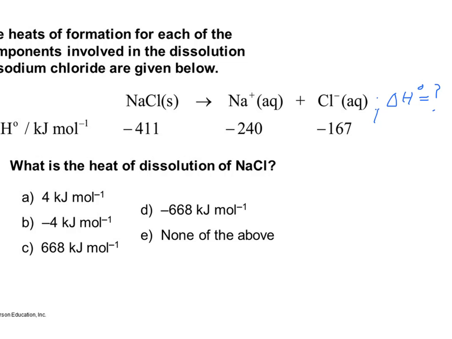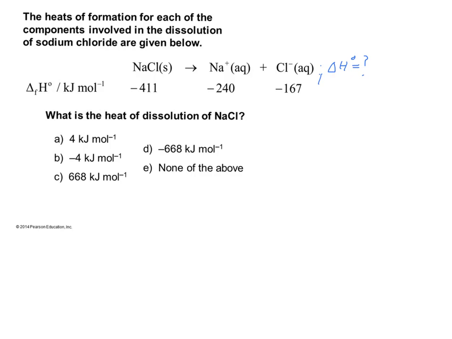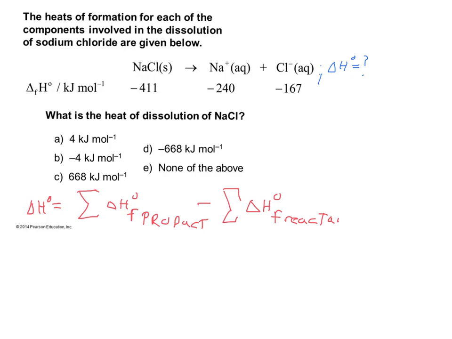All right, so let's work this through real quickly. The standard enthalpy change for the reaction is going to be the sum of the enthalpies of formation of the products minus the reactants.